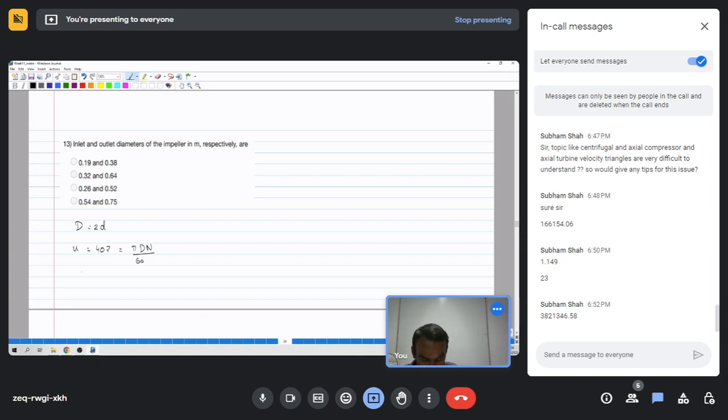Now substituting the known parameters, that is 407, we will calculate D. D is 407 into 60 divided by pi N, that is 407 into 60 by 20,000 into pi.